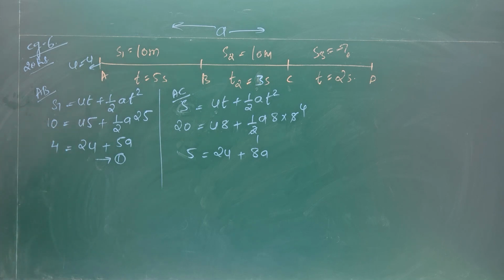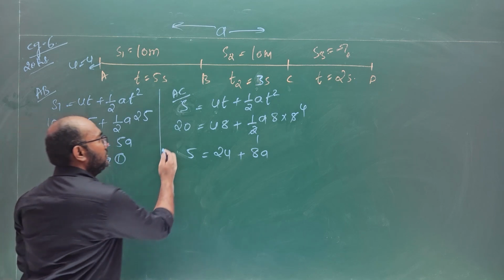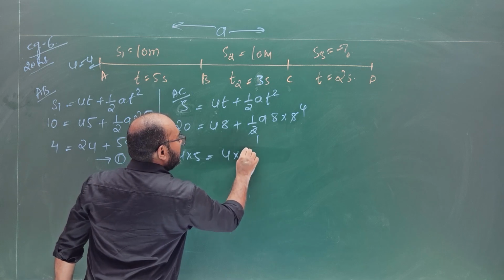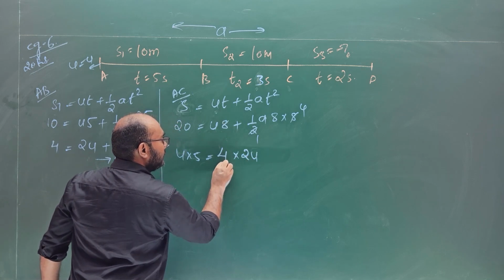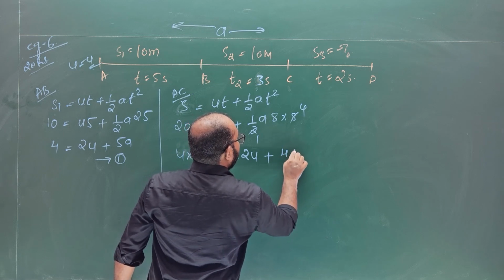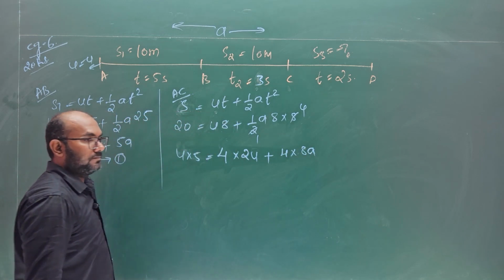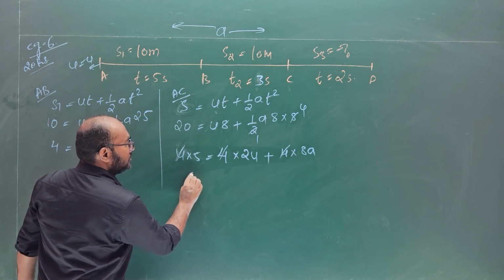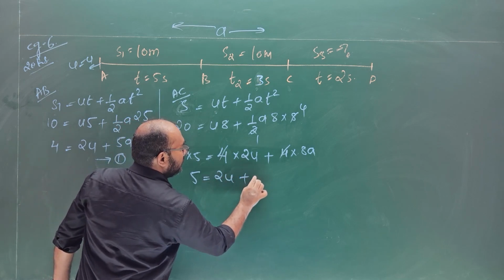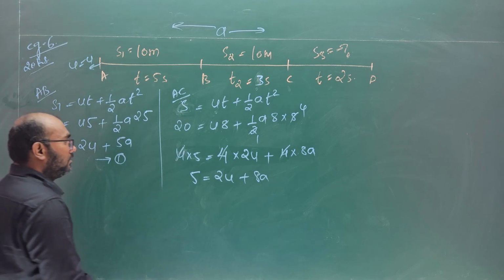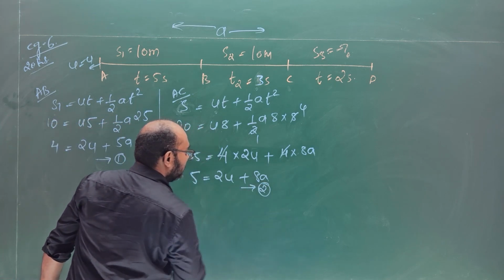Correct? 4 went to common, right? Take 4 into 5, which is equal to 4 into 2u plus 4 into 8a. Now can I cancel that? So 5 is equal to 2u plus 8a. This is what was written earlier also. Okay, consider this as equation number 2.